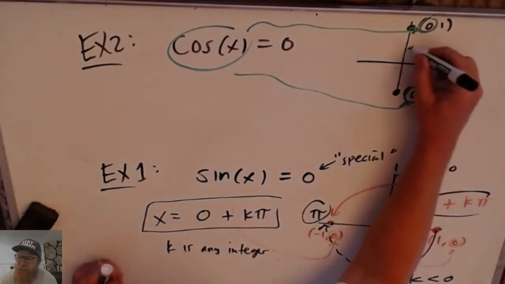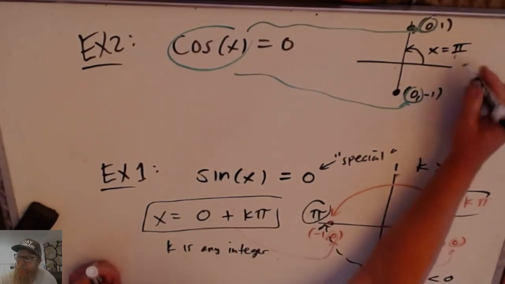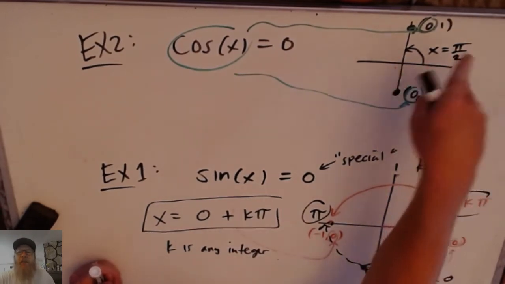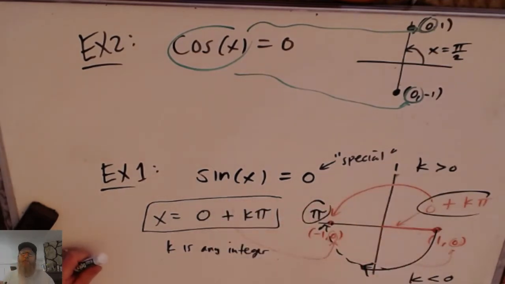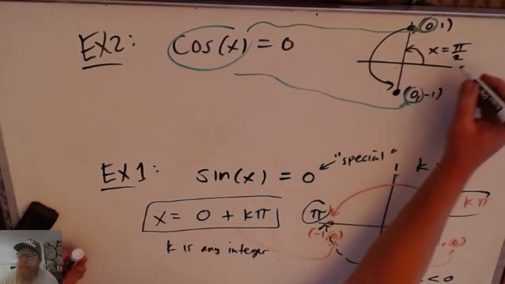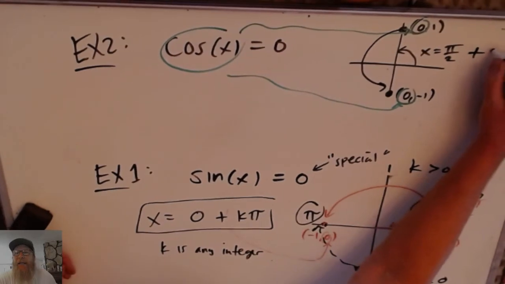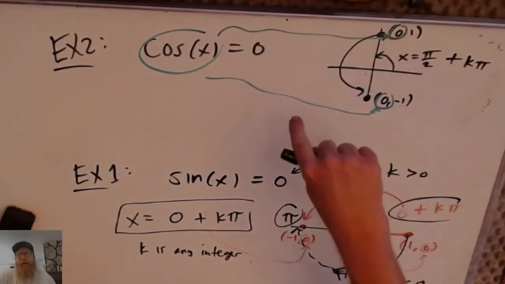So you'll start at x equals pi over 2 this time. Usually give me the smallest positive solution. It's what we call the initial solution. That's the seed. And then if you go around 180 degrees, you add k pi. That would be going around counterclockwise.